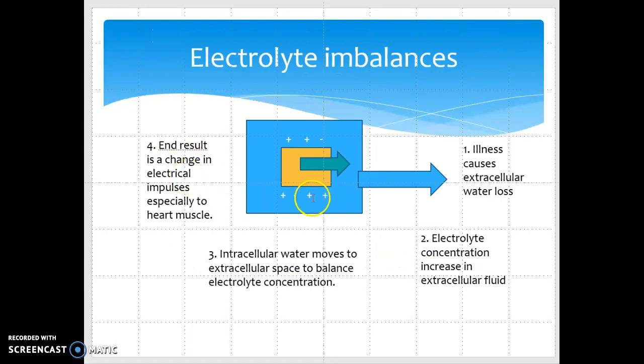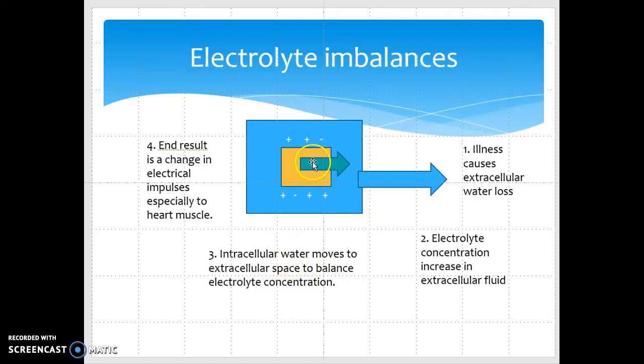Here you can see that other little schematic. So if you have an illness that causes an extracellular water loss, so here's inside your cell again. Some of the water has come out of the cell, and then the concentration in the extracellular space becomes higher, more electrolytes are there. So the intracellular water moves to the extracellular space to balance the electrolyte concentration.